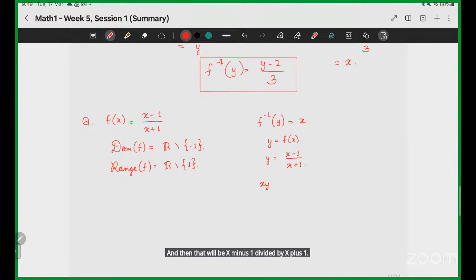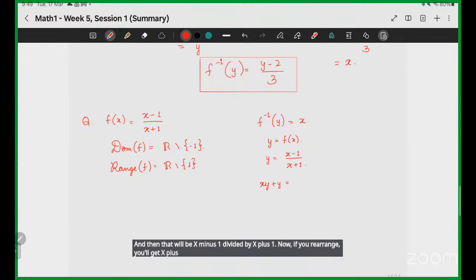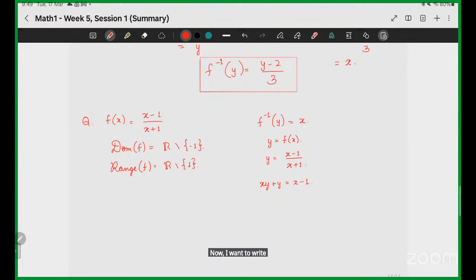Now if you rearrange, you'll get xy plus y is equal to x minus 1. Now I want to write x in terms of y. So I'll group up the x terms on one side. I'll get 1 plus y is equal to x times 1 minus y, right? Then I'll get x is equal to 1 plus y divided by 1 minus y. And x was f inverse of y.